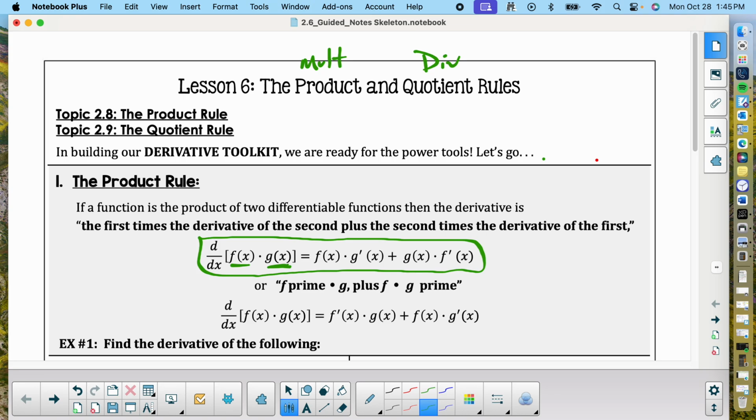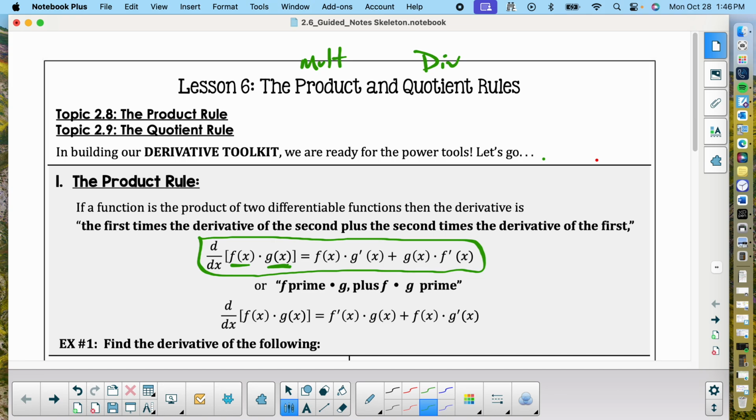If either one of these two things was just a regular number, you don't have to use the product rule. When we have the derivative of 3x squared, that 3 in the front is a multiplier, so your derivative is going to have a 3 in the front. If you have a number, the multiplier just follows. But if it's a variable, you have to follow that.